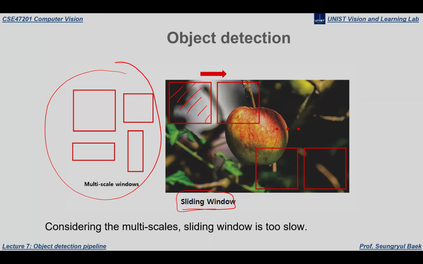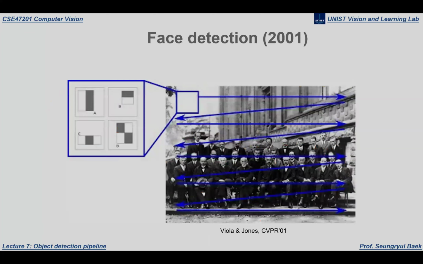So computer vision researchers were thinking about a practical way to use CNNs in this domain. And before deep learning, some facial recognition approaches or other object detectors also used this sliding window approach to achieve object detection.